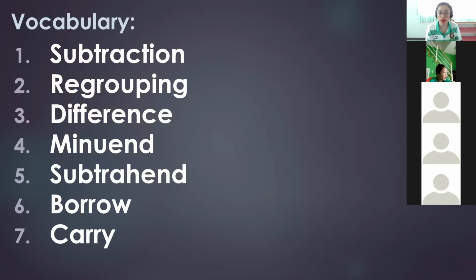Number 1, subtraction. Number 2, the word regrouping. Number 3, the word difference. Number 4, the minuend. Number 5, the word subtrahend.